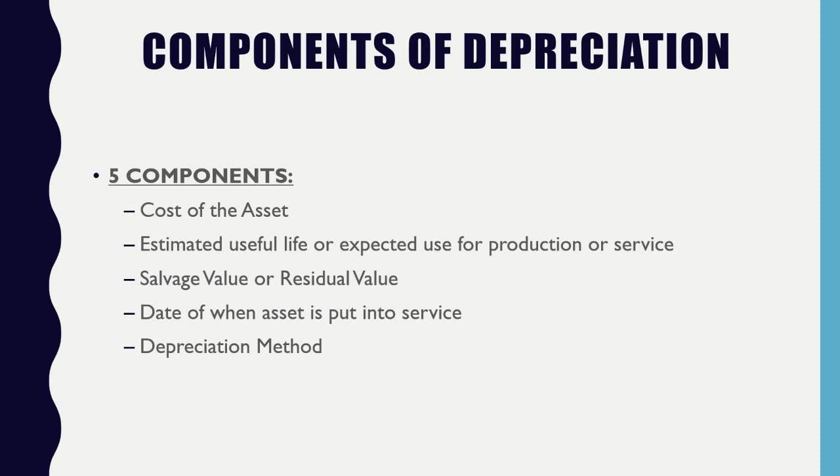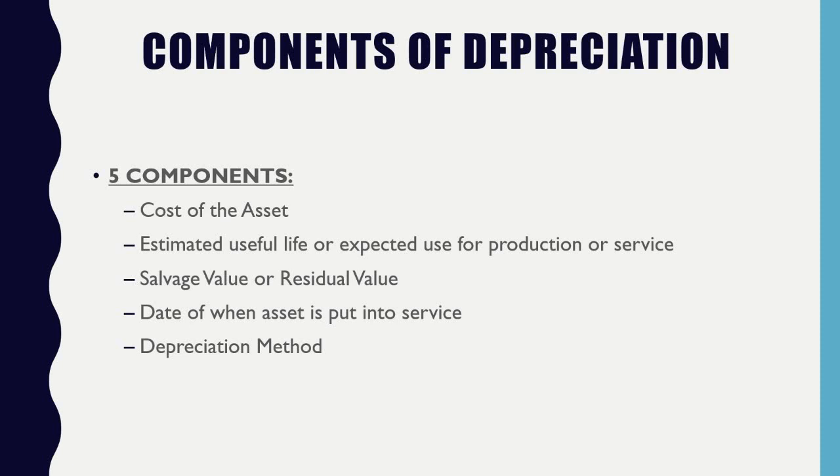And we'll talk about that. We'll talk about each core component in the next couple slides, okay? And then we have to talk about figuring out the salvage value, or it's also known as a residual value. So these are interchangeable words, salvage or residual.